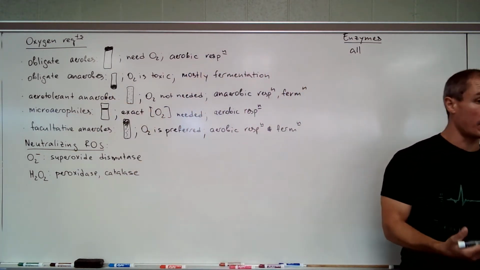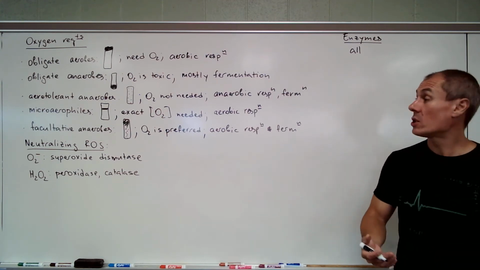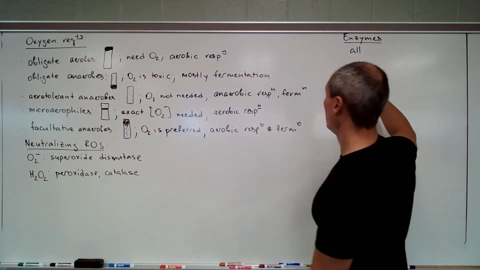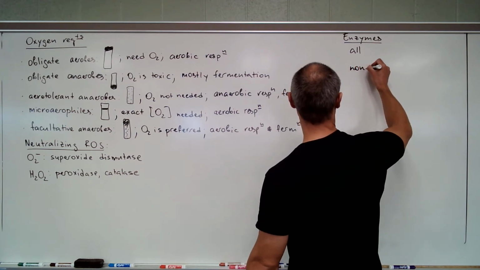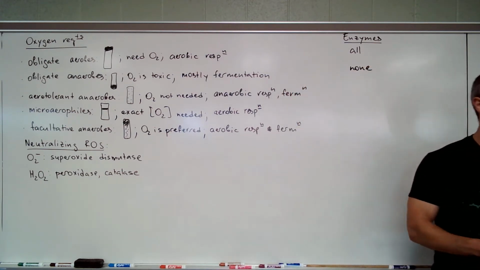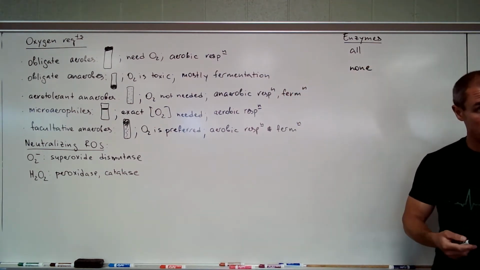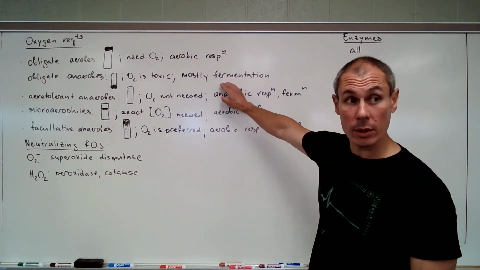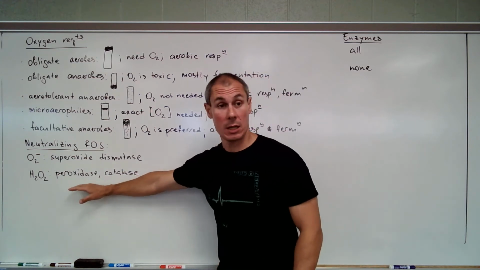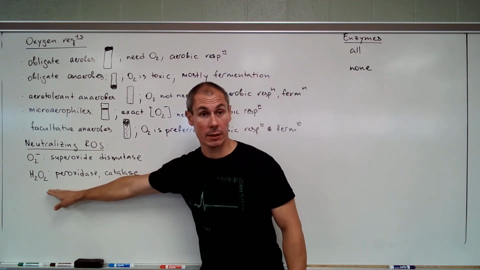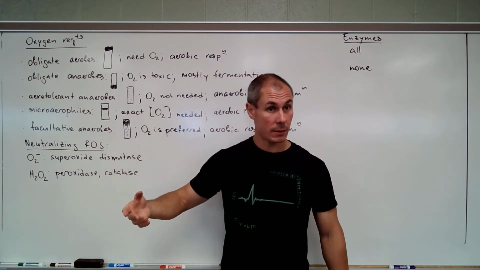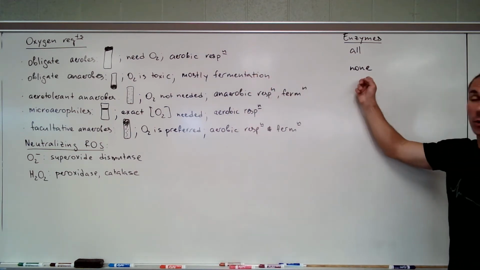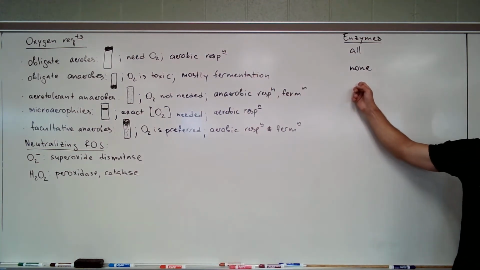Why are they obligate anaerobes? Because they don't have any of the enzymes. So, Julian, to our conversation, if they would do anaerobic respiration, they would produce hydrogen peroxide. They would need to neutralize it. They don't have the enzymes. Okay?